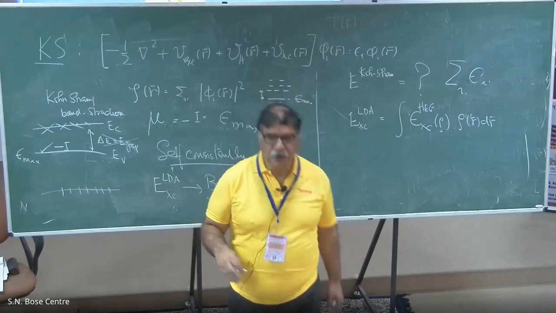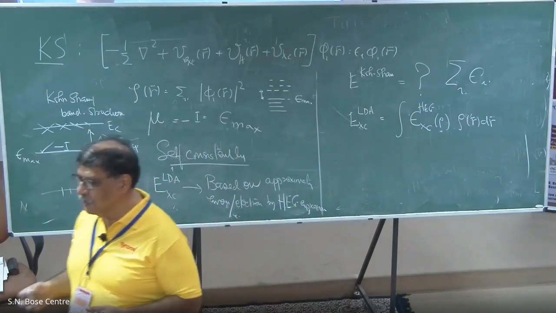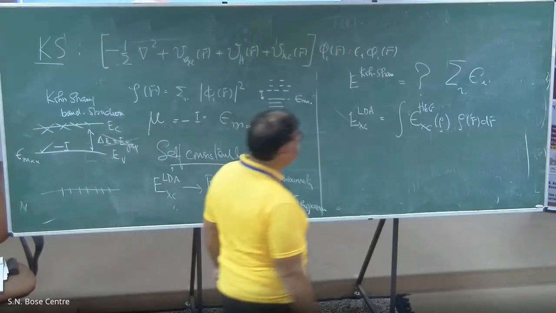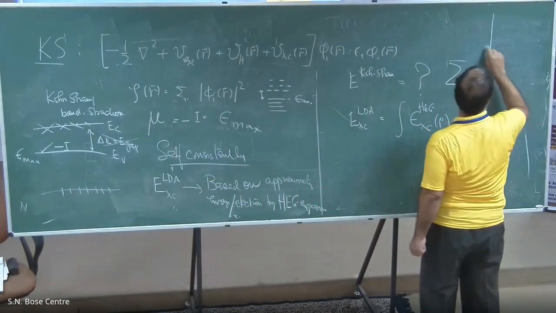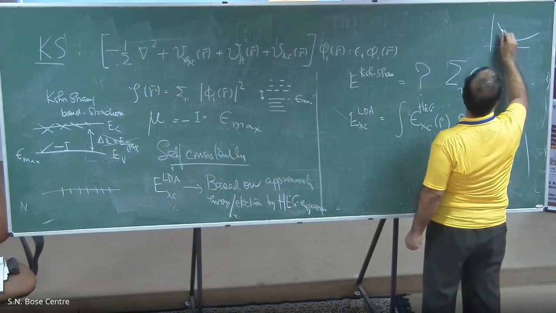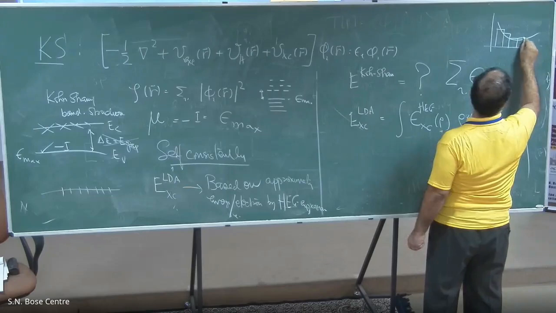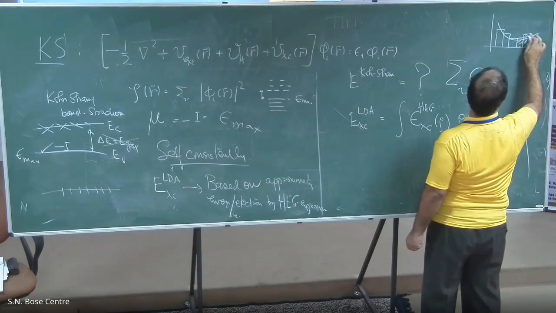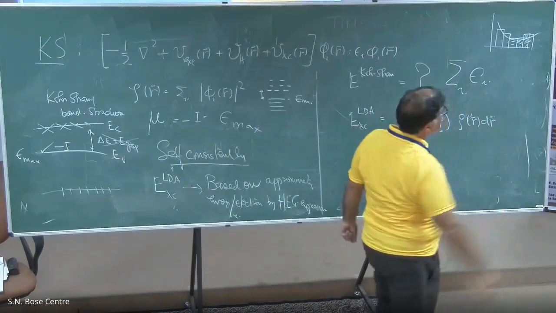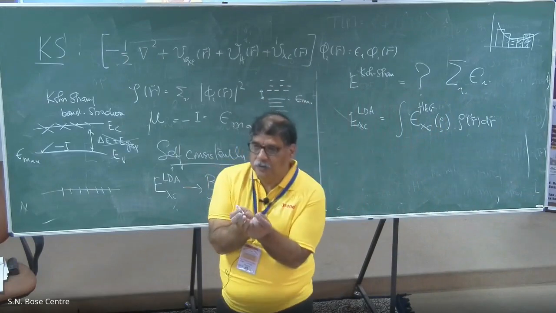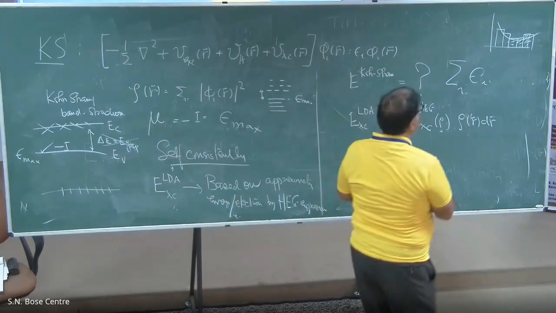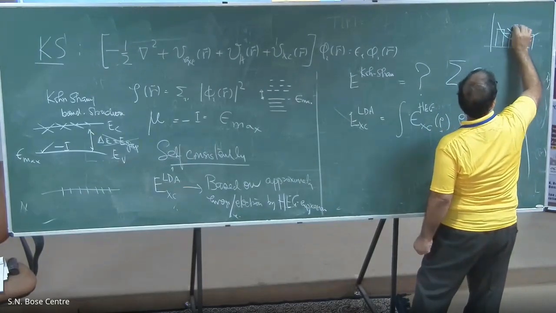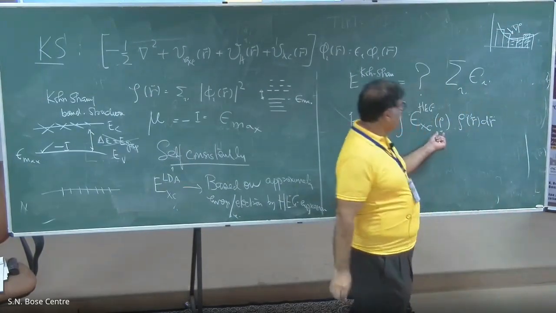If it was beyond that, I should be taking into account the gradient and everything. Because in this case, what I'm doing is, if there's a density, I'm approximating it like this. At each point, I'm taking some density there and multiplying by the volume. In principle, I should also take care of this gradient, but in LDA, we don't. We just keep the local density.